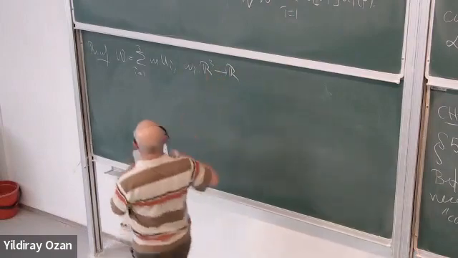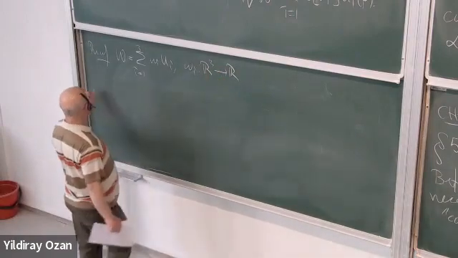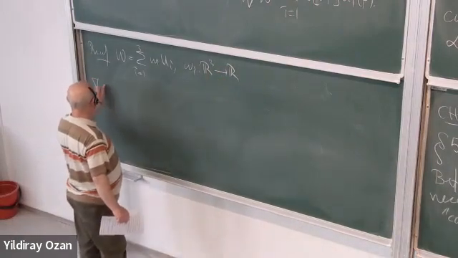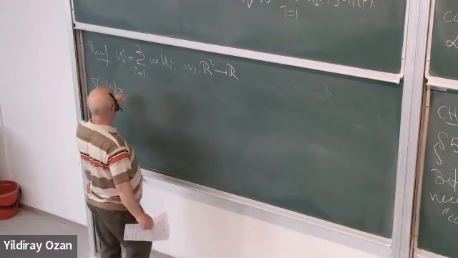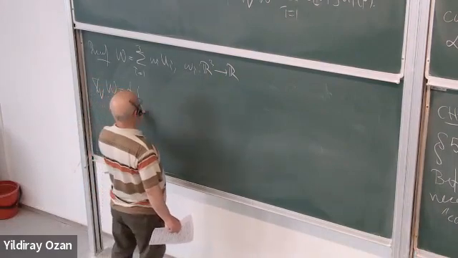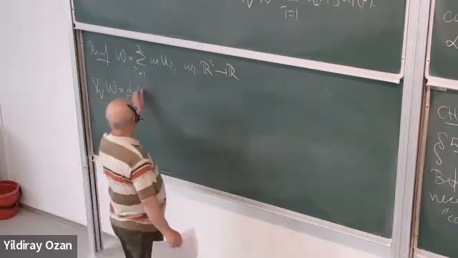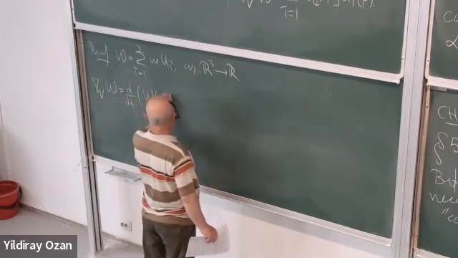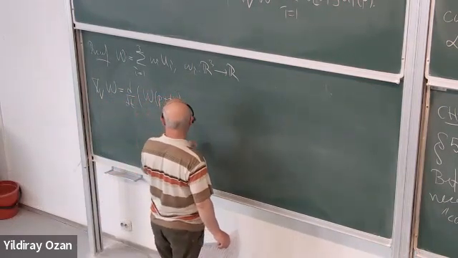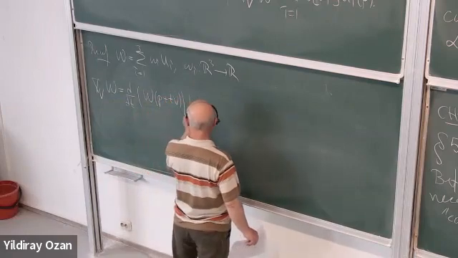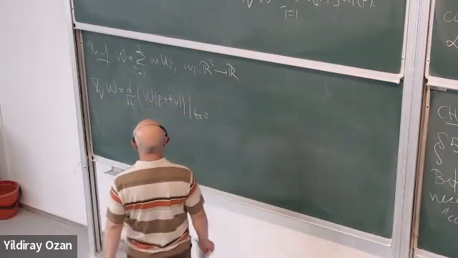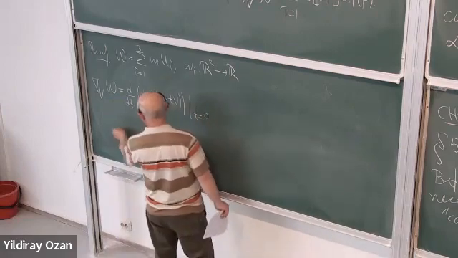Well, let's look at this gadget. So what is this? This is just d/dt of W at p plus tv, at t equals 0. But what is W? W is this expression.